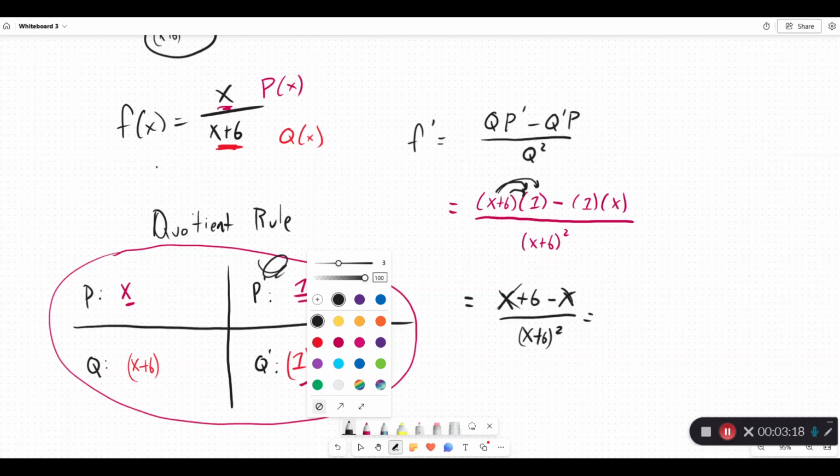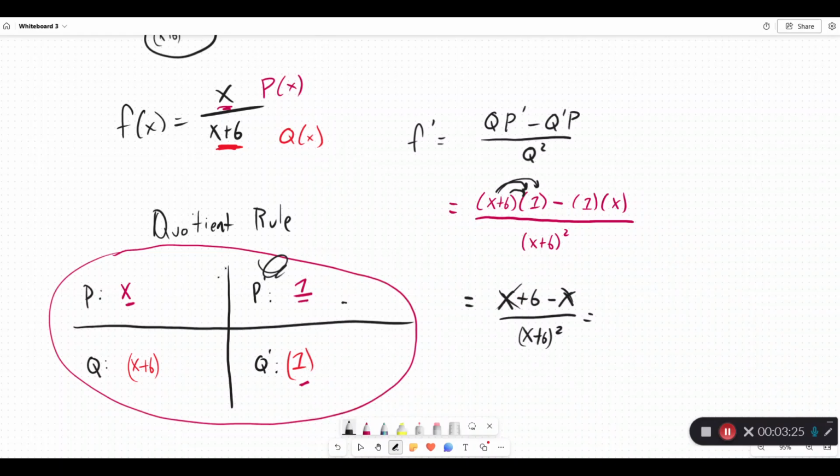Okay? So, how exactly am I going to start finding some of these? Well, one of the ways that you can do it is exactly what I did when we were talking about the product rule. I like to make this little table. I define a p as a numerator, a q as a denominator. Here's p prime, there's q prime.